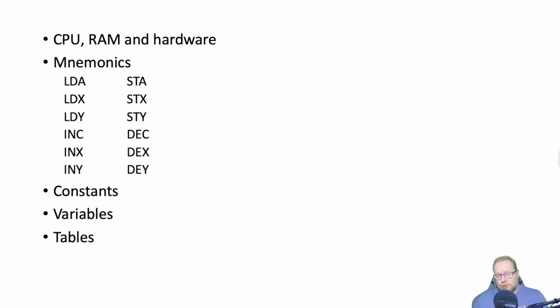And we also talked about tables last time, which is kind of the same thing, but instead of having a label for one memory address, we have this X or Y index, which allows us to have several values after that label.